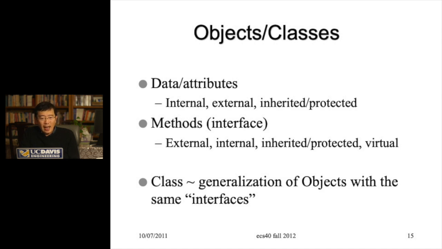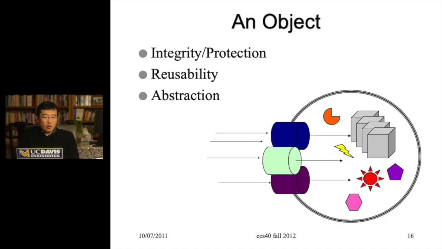using the object-oriented principle. So we start to look at this object. For example, now we talk about object, we have some kind of data, which we call attributes, and then we have some kind of interface. And this picture looks like this. This is a picture of an object.